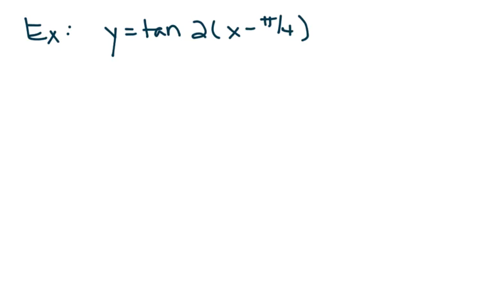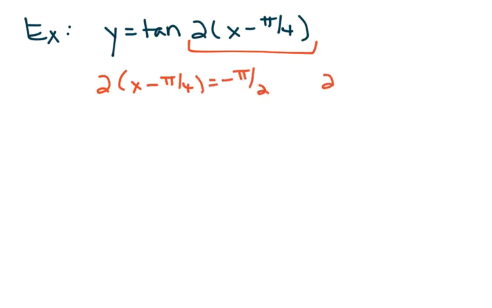In order to figure out where I'm going to start and end my period, it's different than what I did for sine and cosine. To figure out where I'm going to start and end my period, I'm instead going to take this quantity and set it equal to negative pi over 2, and set it equal to pi over 2.